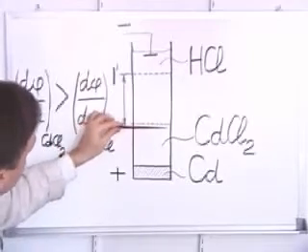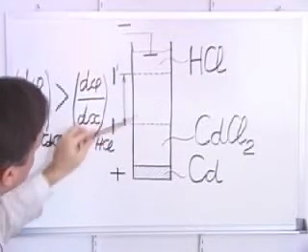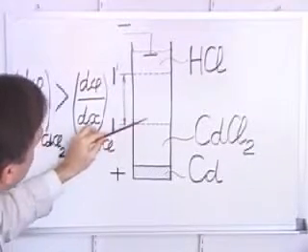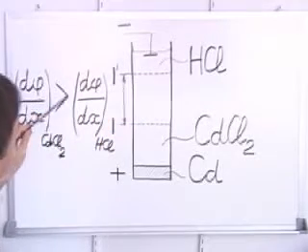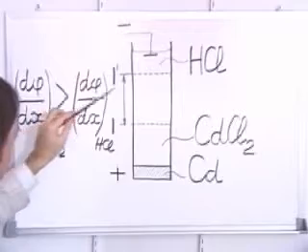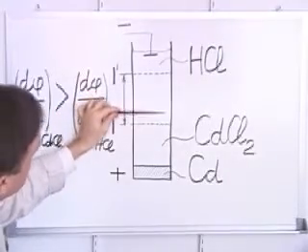If during the movement of this boundary the cadmium ion happens to get ahead and fall into the region of the hydrochloric acid, then the lower potential gradient in the hydrochloric acid solution will slow it down.